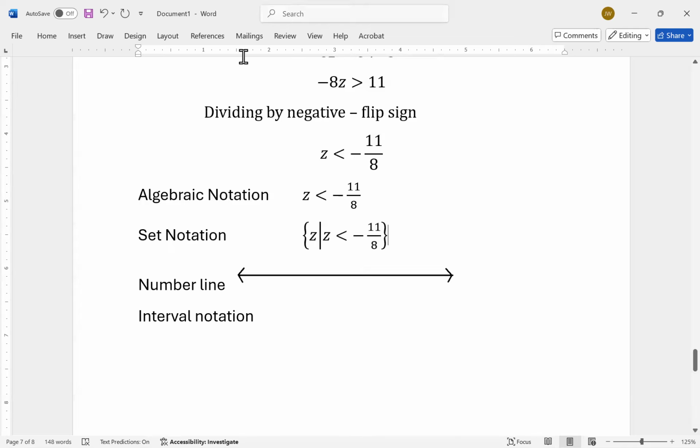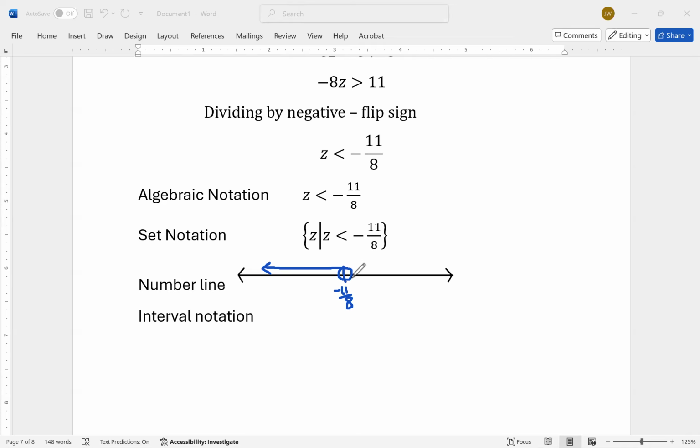As far as the number line goes, we just mark negative 11 over 8, draw a circle around that. It's going to be an open circle. And then we want z values which are smaller, so we're going to point our arrow to the left.